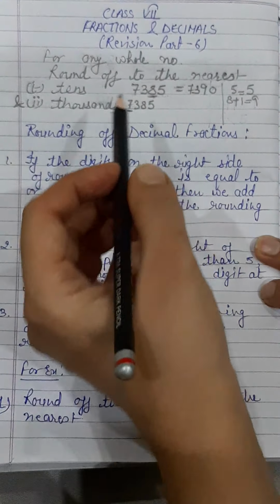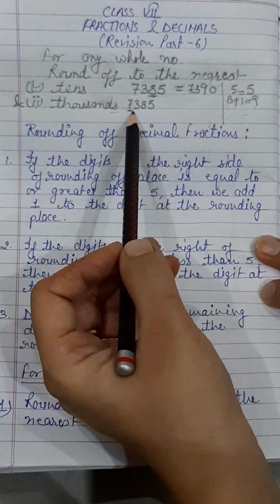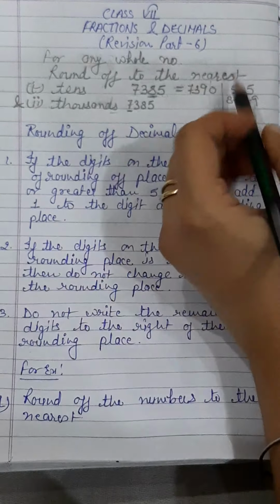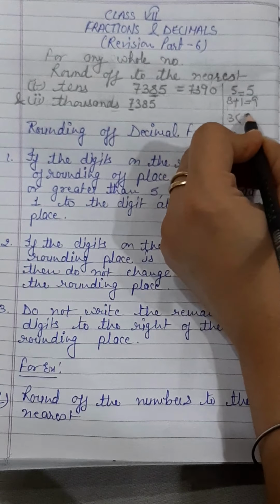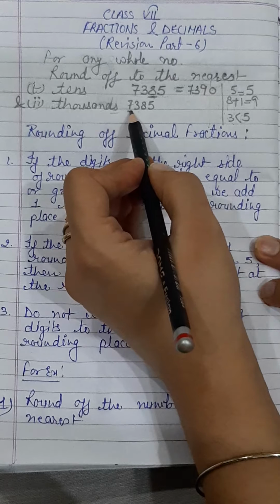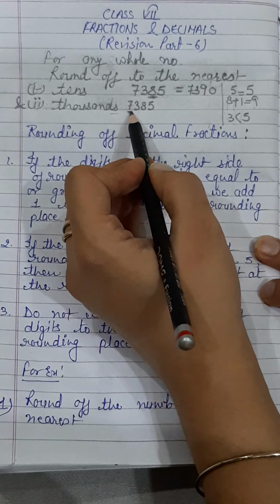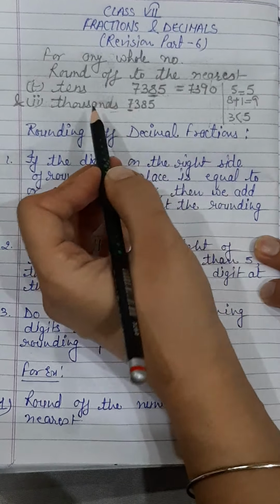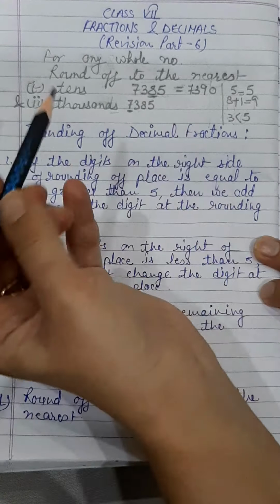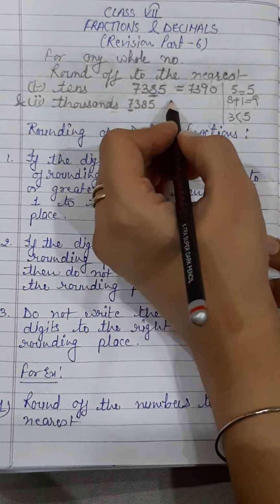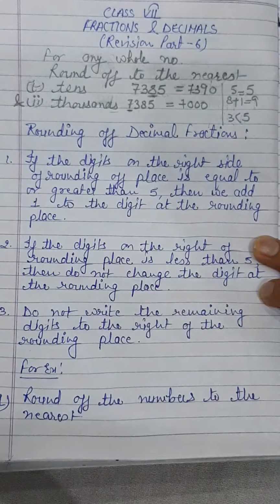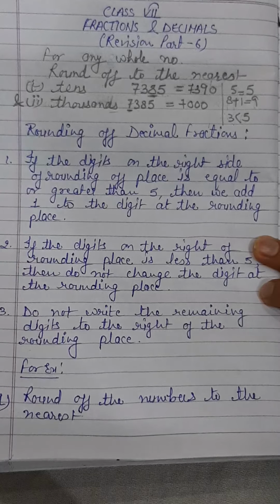Check its next right-hand side digit. That is 3, and 3 is less than 5. So there is no change in the rounding off number. It remains 7 and all the right-hand side digits become 0. So the answer will be 7000. That you have done in your previous class, right?